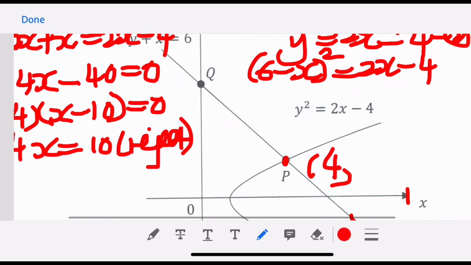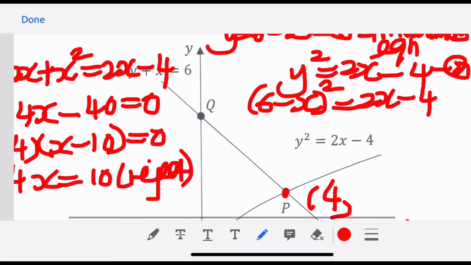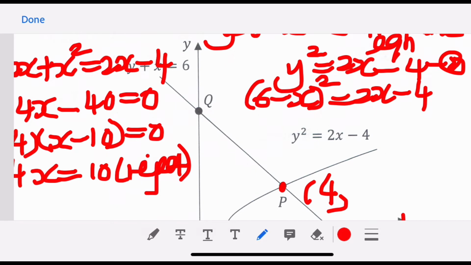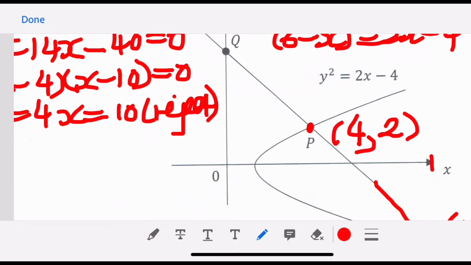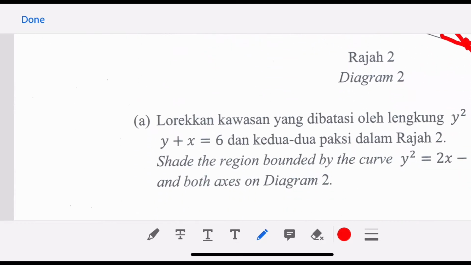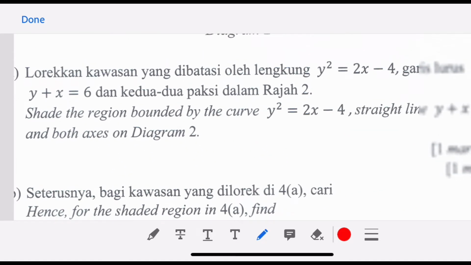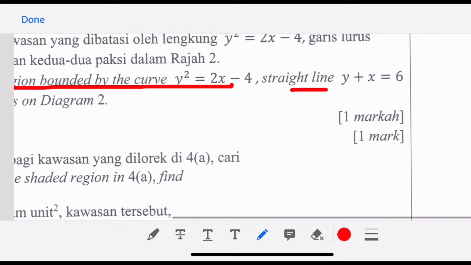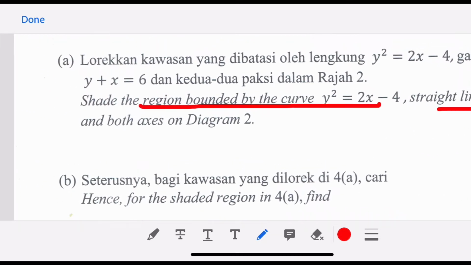So when you have the x, you have to find the y. Either we use the straight line, so we substitute into y equal to 6 minus x, 6 minus 4, which is 2. So this is point P. And then we are asked to shade the region bounded by the curve, the straight line, and also both axes.